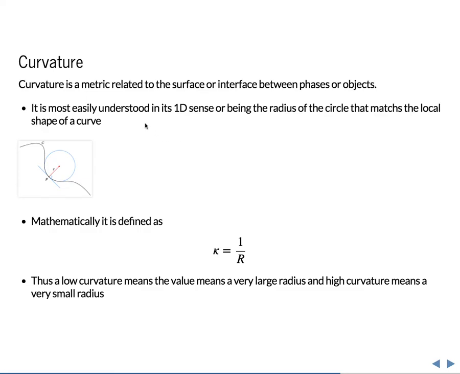It's most easily understood in the 1D sense, so if you have a line and you want to measure the radius of the circle that matches the local shape of the curve. If you have a point here, that radius is quite clearly the same as the curvature in the line. Mathematically, the curvature is defined as 1 over this radius.